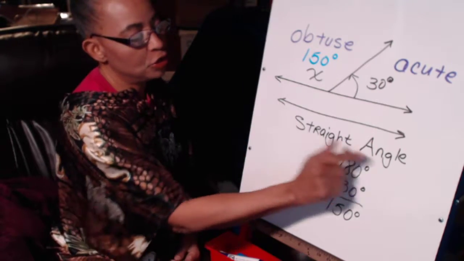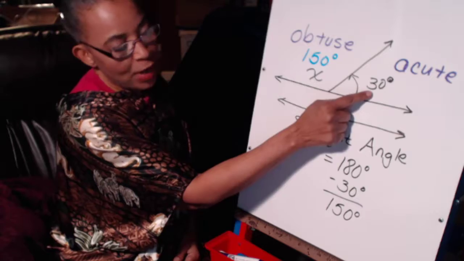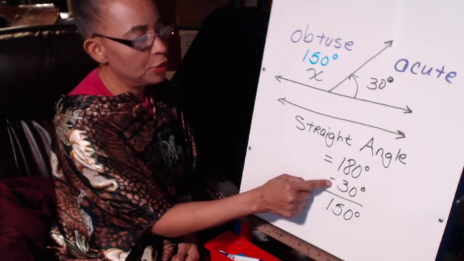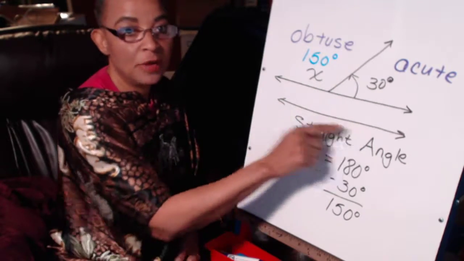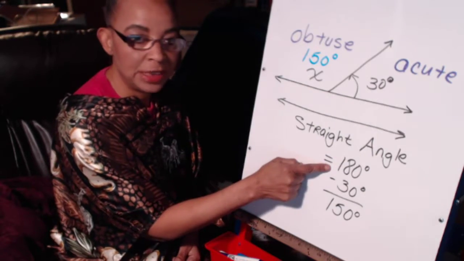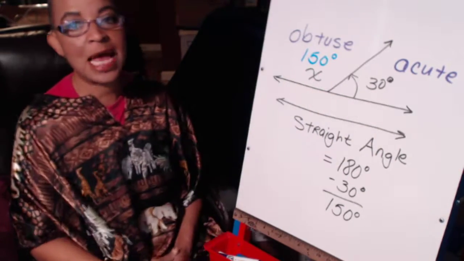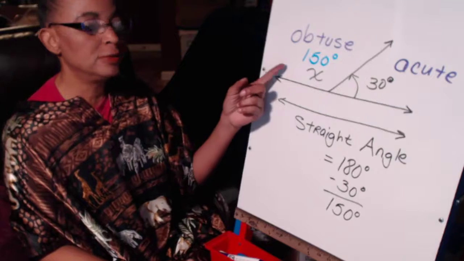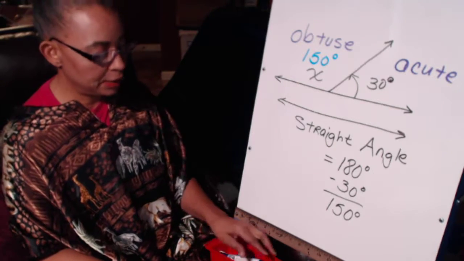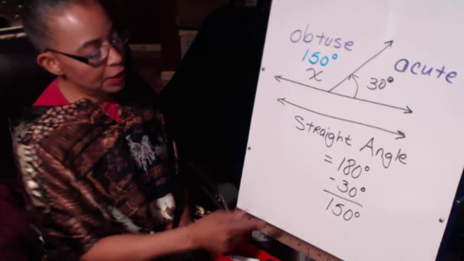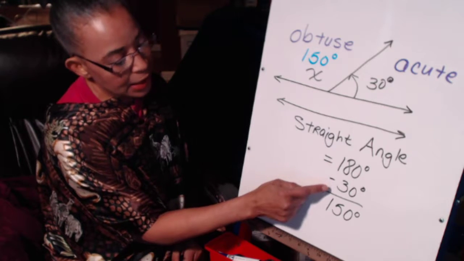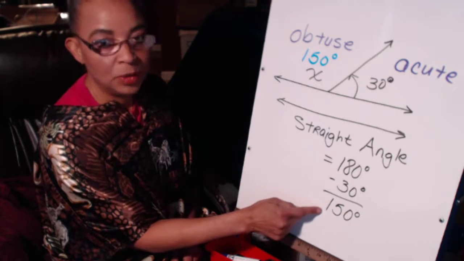Well, if we subtract what we know, which is 30 degrees, from the total measure of the straight angle, which is 180 degrees, that gives us our obtuse angle, the other angle, which is 150 degrees. 180 minus 30 is 150.